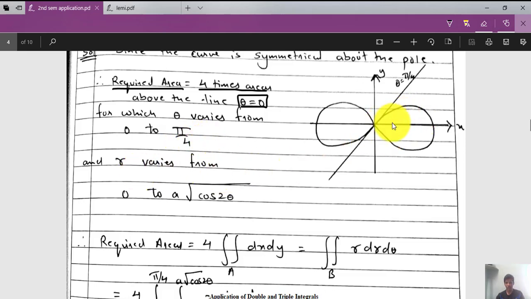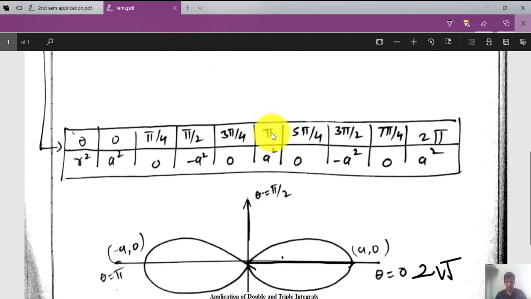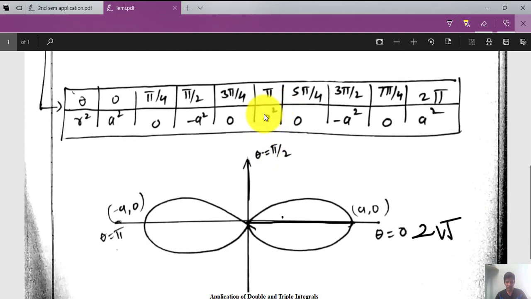Now the plot which I was showing is almost correct. Here it is pi, a square, which is positive. Then from pi to 5 pi by 4, it comes like this.